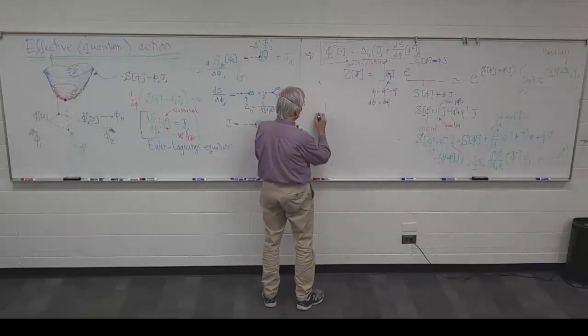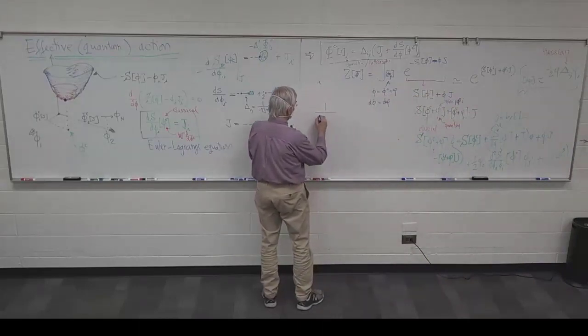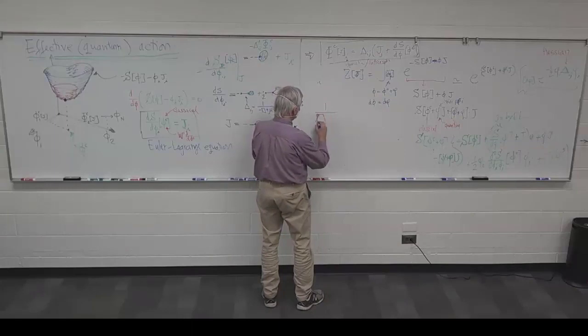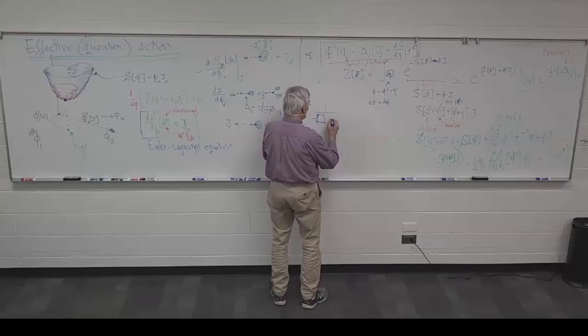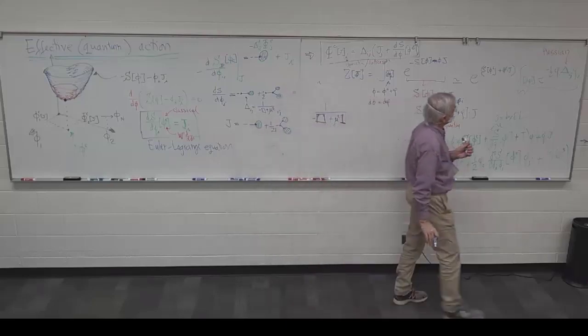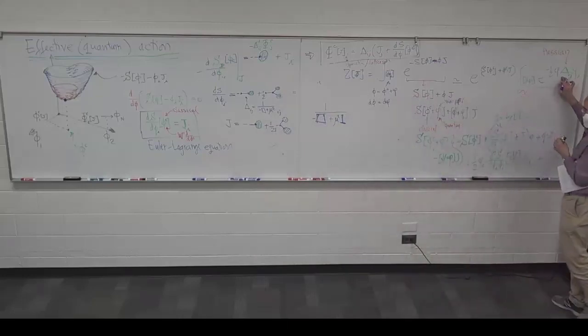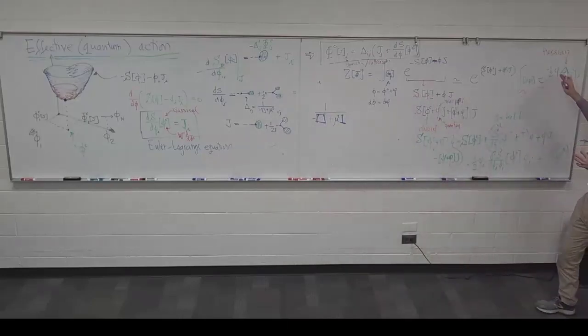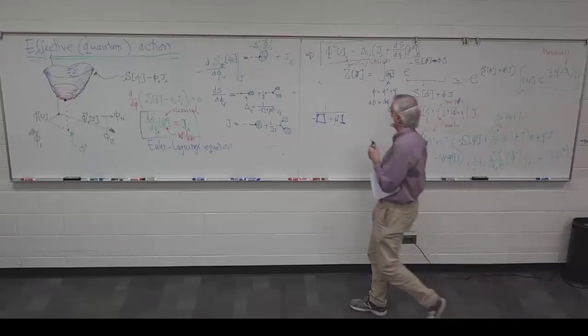When you look at the operator, the Laplacian here plus mu square identity, this will get contributions from the potential, but let me just do this part first.